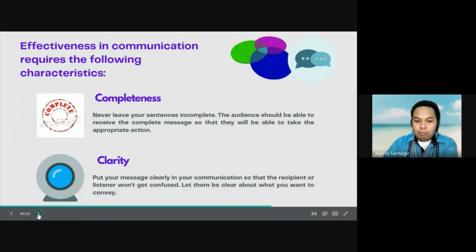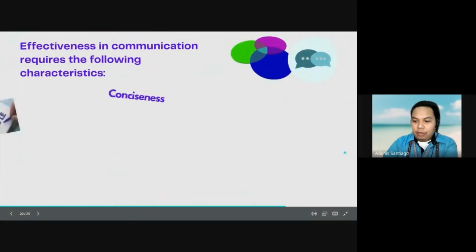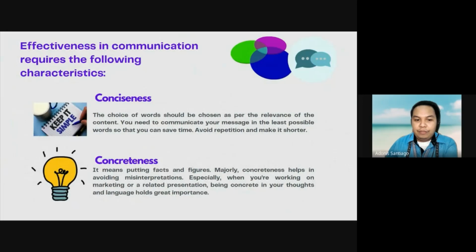So, moving forward, we have here the conciseness. It is the choice of words that should be chosen as per the relevance of the content. We need to communicate our message in the least possible words so that we can save time. Avoid repetition and make it shorter.